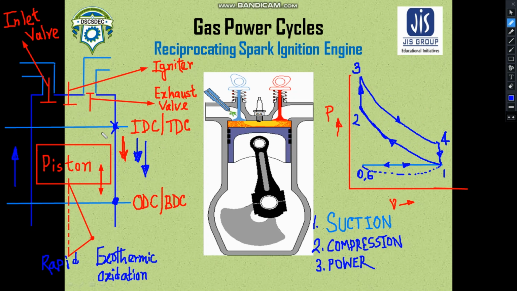Ideally it has been considered as an insulated surface which doesn't transfer heat, but the amount of thermal energy generation and the temperature raised within this cylinder is very high. The cylinder materials are not strong enough to withstand those high temperatures.